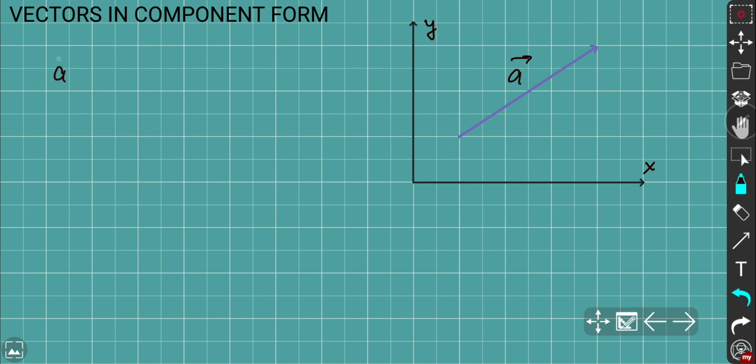And if we want to set up A in its component form, we just say that it has AX and AY components, which simply comes from the addition rule.